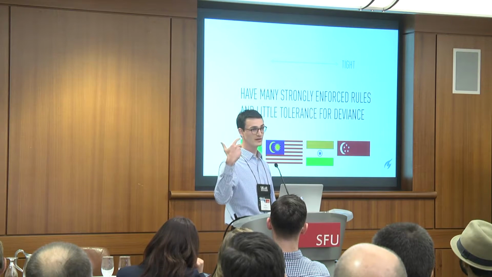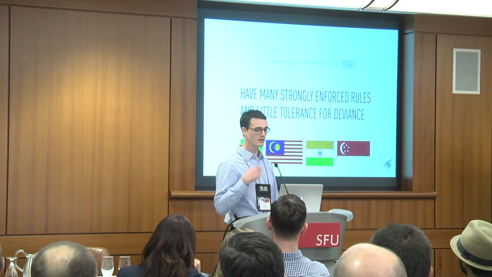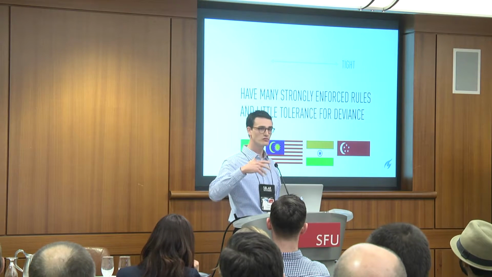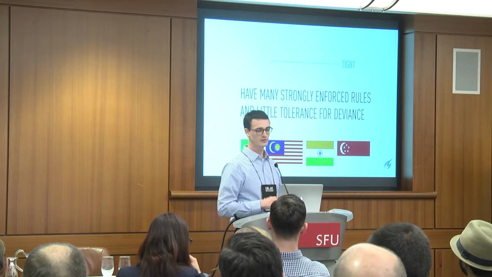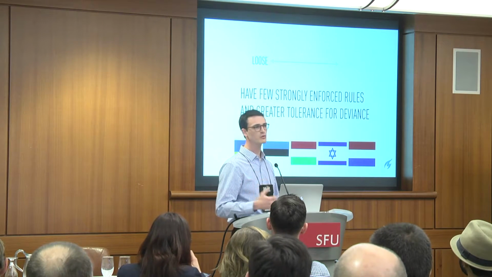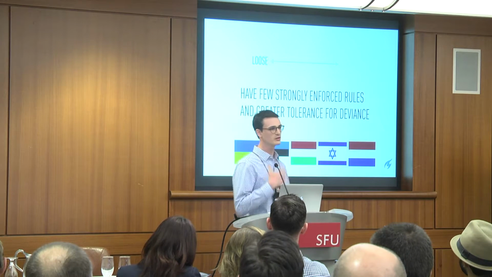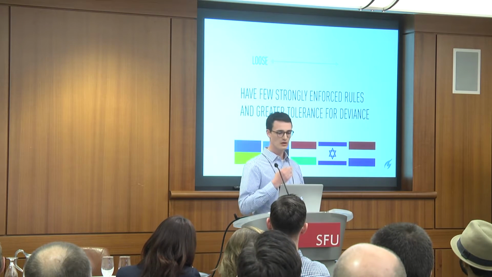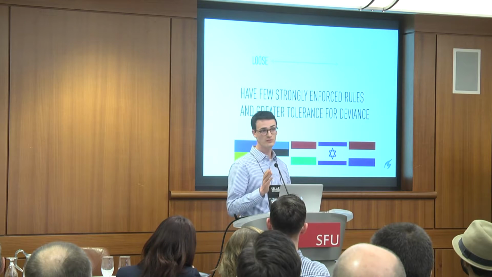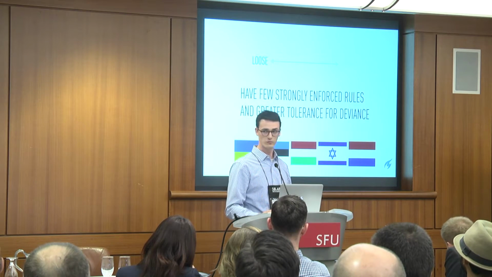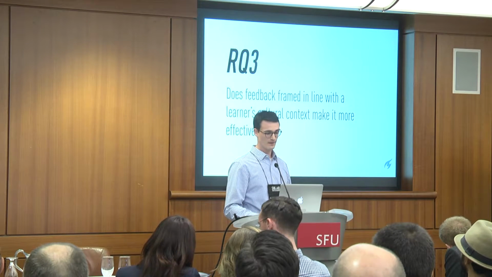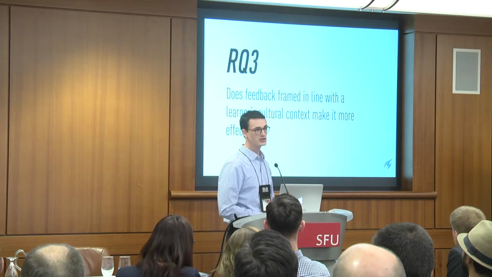People who live in more tight cultures think more about strongly enforced rules. For them, there's little tolerance for deviance. And in more loose cultures, there's more tolerance for deviance. Rules are not as enforced. Okay? So these are two dimensions that correlate to some extent, but they're also different in important ways. We wanted to know for which one this works the best. Right? So it's a matching hypothesis.